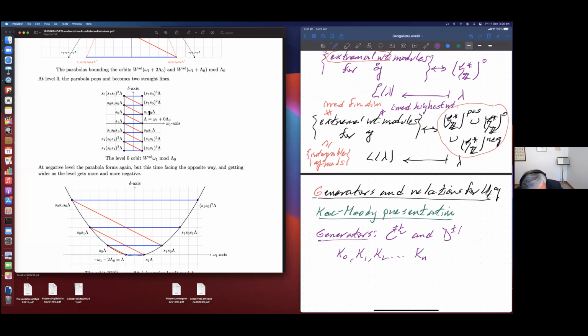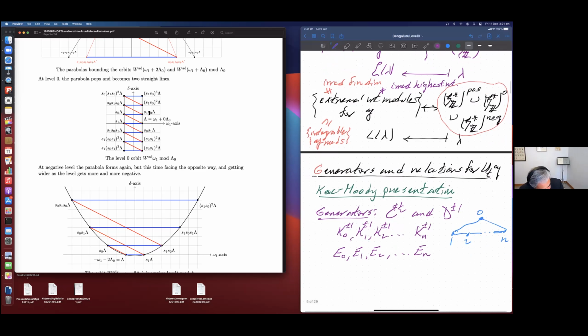You remember my Dynkin diagram, so there's one of these for each node in this Dynkin diagram, and I have a 0 there. And these Ks are invertible. And then I have additionally E0, E1, E2, up to En, and F0, F1, F2, up to Fn.